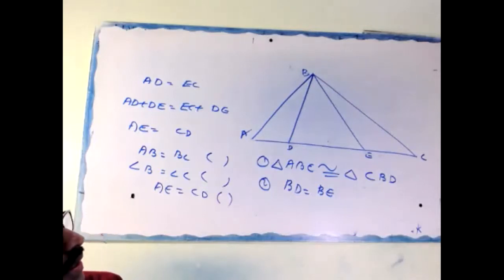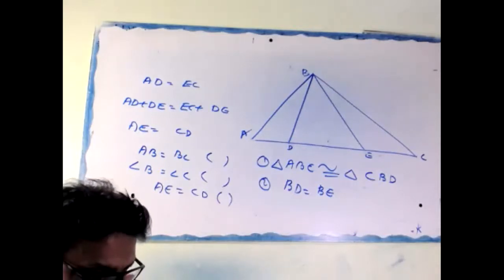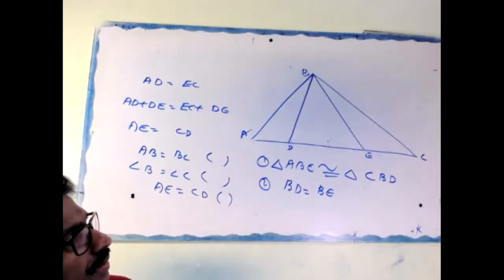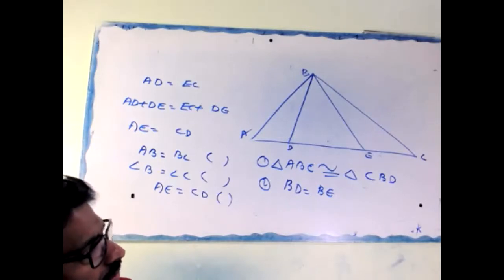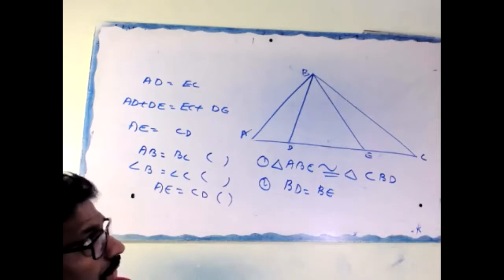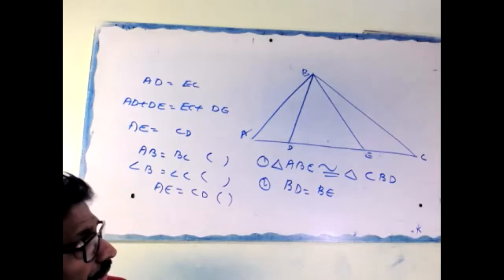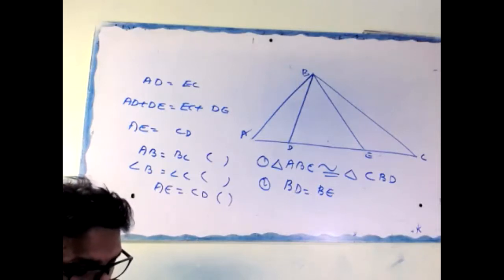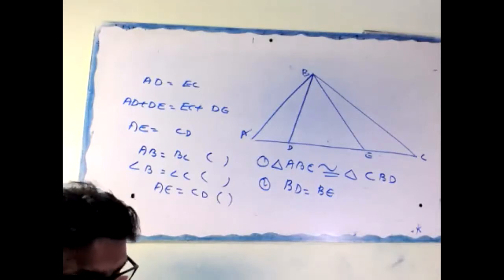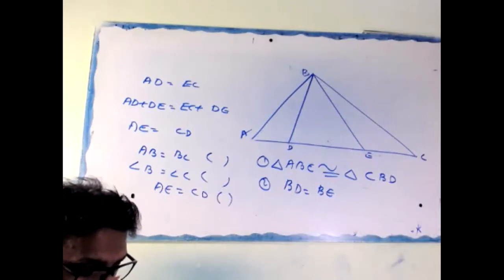Okay, after that, in triangle ABE and CBD, AB equal to CB, given. Then angle A equal to angle C, angles opposite equal sides are equal.